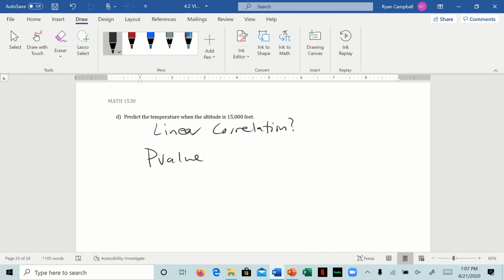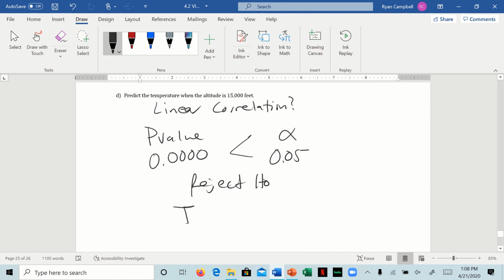No. So you have to look at that E value. When you move that decimal, we see it's 0. Then we get alpha, which is 0.05. It's less than, so we reject the assumption. So there is sufficient evidence to conclude that it is a linear correlation. So is it a correlation? Yes, it is. So we can plug this in.